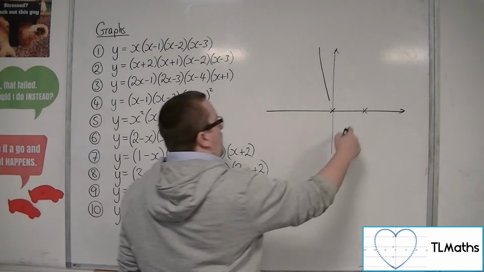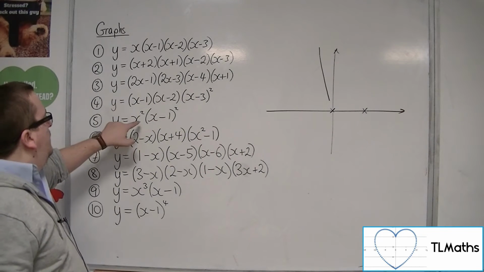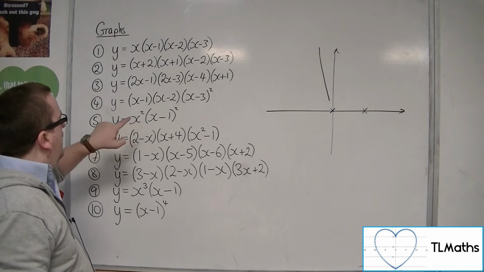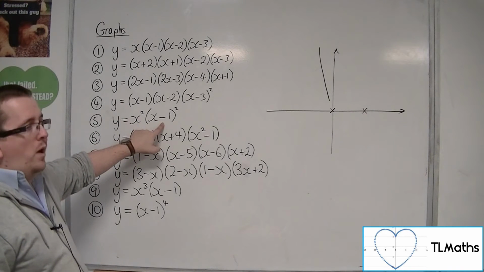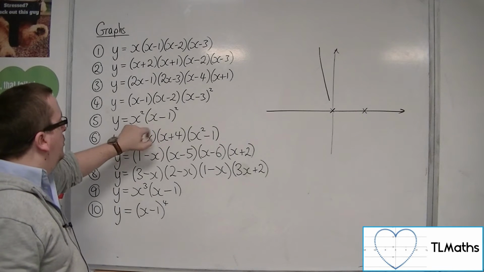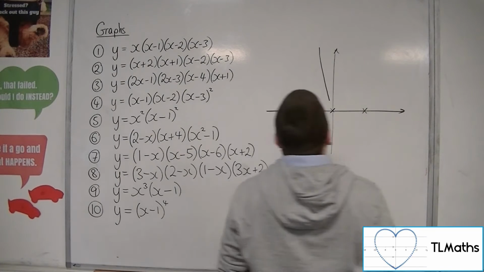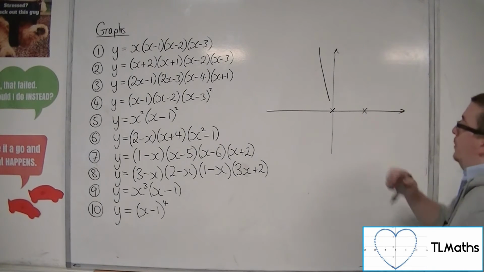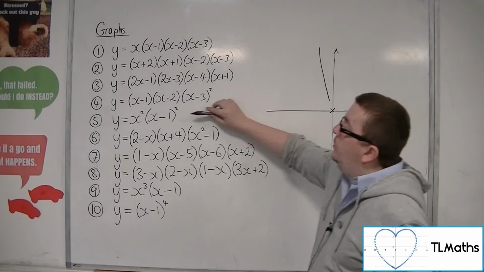Okay, so that would mean that the curve is going below the x-axis. But if I substitute in a half, I get a half squared, which is a quarter. A half take away 1 is minus a half. A minus a half squared is a quarter. So I get a quarter times a quarter, which is a 16th. So I get something that's positive. So between these 2 points, we cannot go below the x-axis because this will be positive.